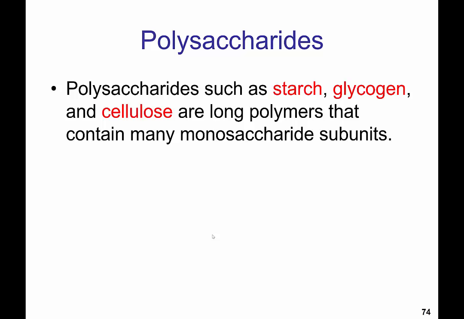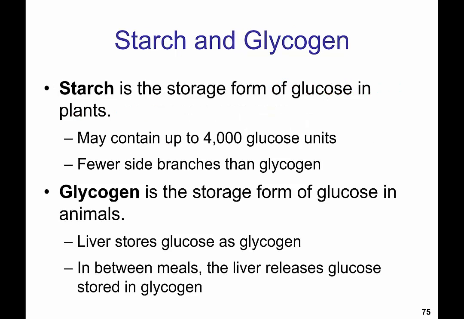Polysaccharides are many monosaccharide subunits that are joined together, and they can be joined together in different ways, as we'll see momentarily. Examples of polysaccharides include starch, glycogen, and cellulose. These are long polymers, the monomer being a monosaccharide. Starch is a storage form of glucose in plants, and this can contain up to 4,000 glucose subunits.